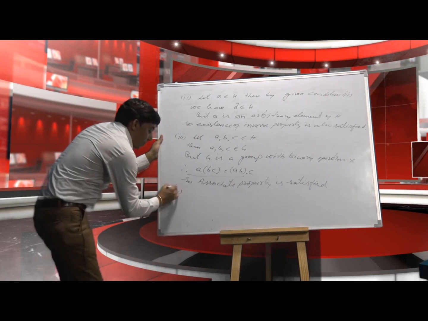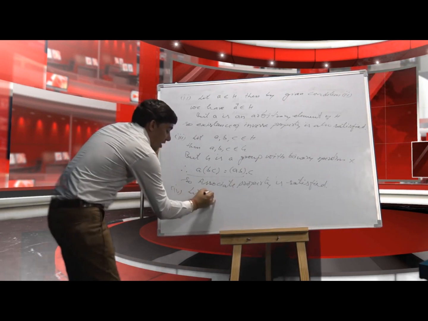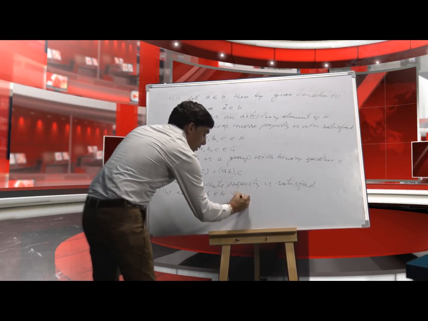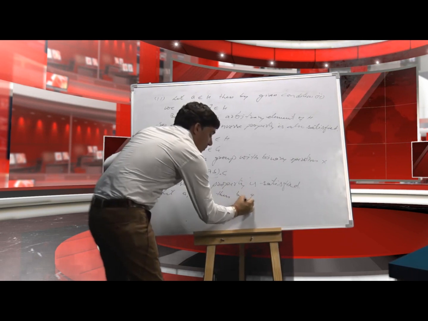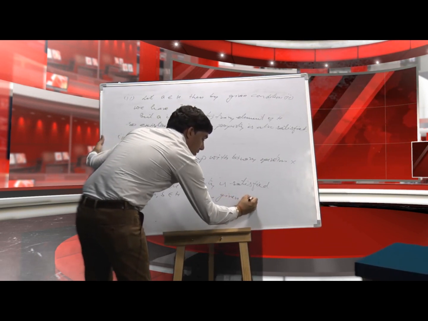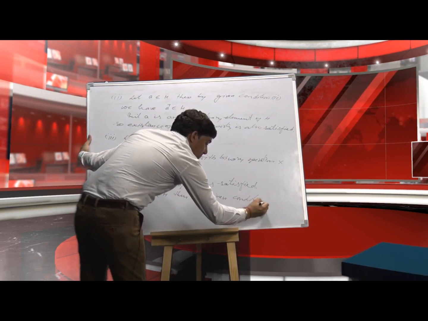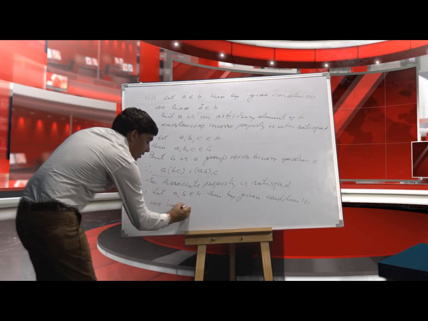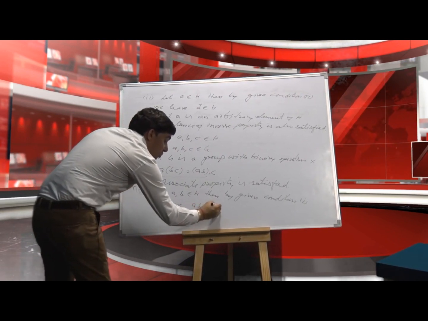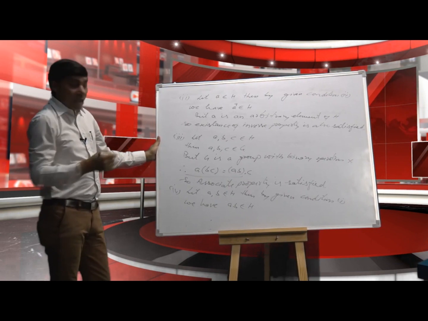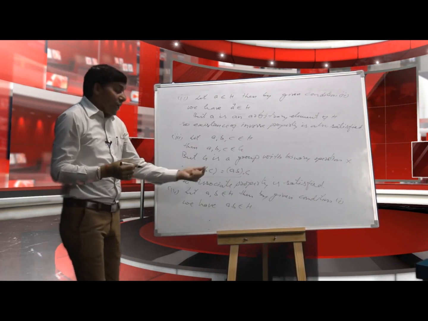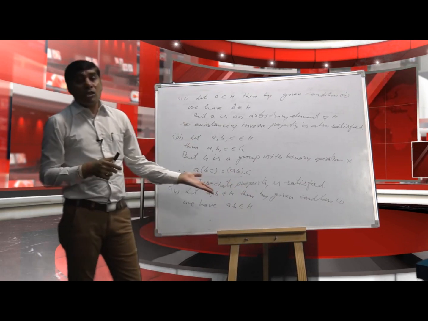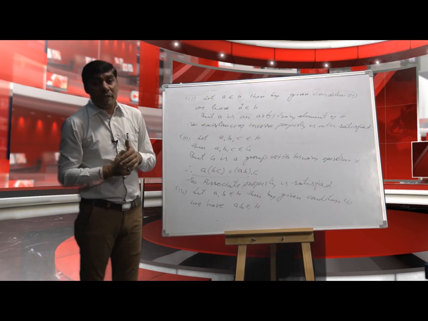Fourth, let a, b belong to H. Then by the given first condition, we have a into b also belongs to H. Therefore, the product of two elements of H is again in H. The closure property is satisfied.